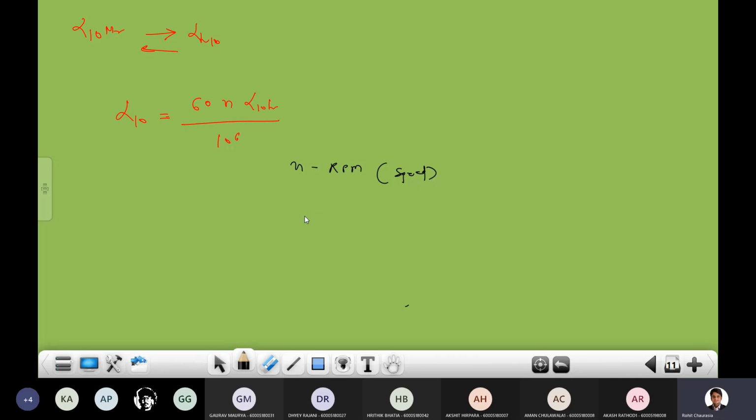And after that L10 is nothing but the rated life in hours. So we must know these two values, or if you know the million revolutions then you can find out this one. Okay, so this formula is important to convert million to hours or hours to million everywhere.